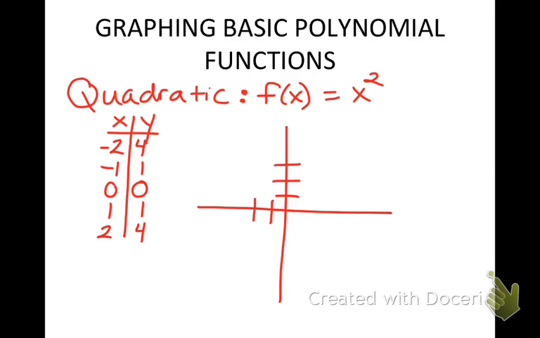-2, 4 is there. -1, 1. 0, 0. 1, 1. 2, 4. Oops. Did not do a very good job of connecting. When you make your parabola, you should have at least 5 points on it.